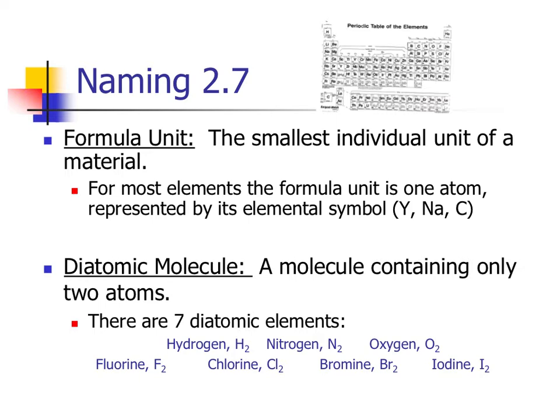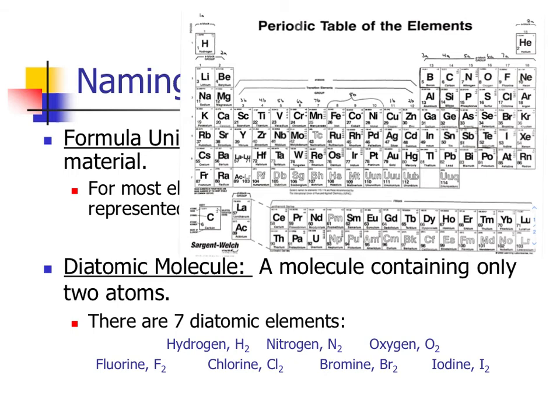Or we can also use the method: draw a 7 starting at 7. So if I draw a 7 starting at element number 7, that will give me nitrogen, oxygen, fluorine, chlorine, bromine, and iodine.